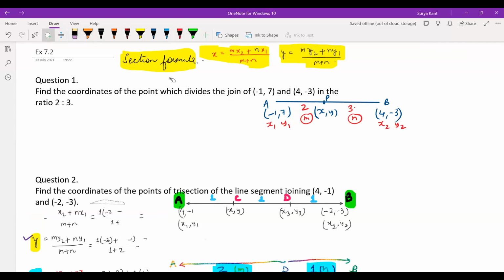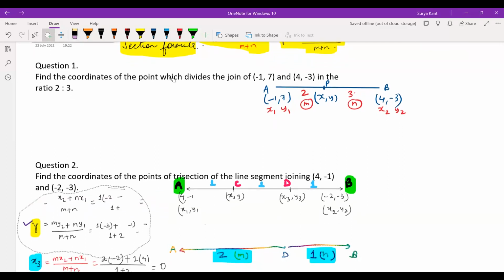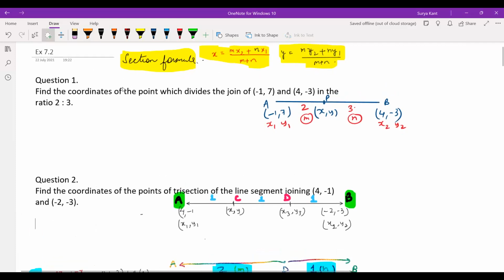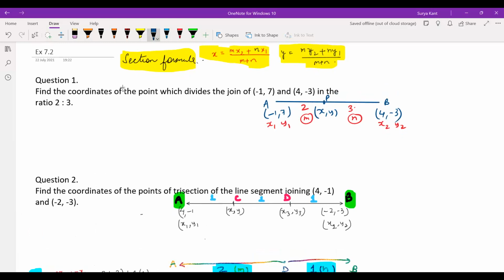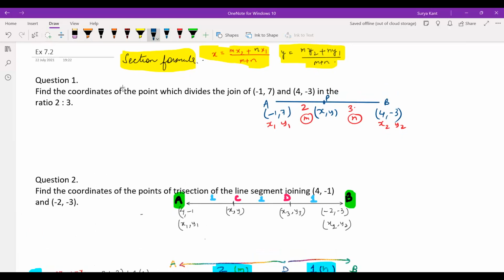And those who are not getting it, just tell me, I'll solve it over here. Dhananjay, what is the answer for the first question? 1 comma 3. Okay, second question also you have done? I'm doing it. Anyone who got the first answer?